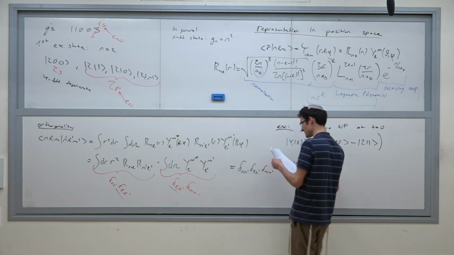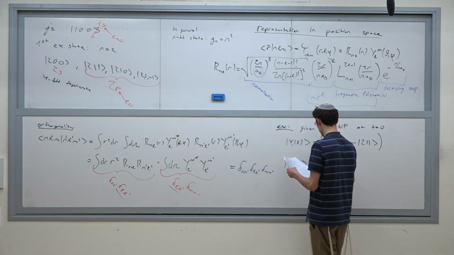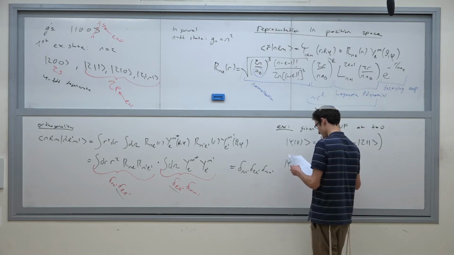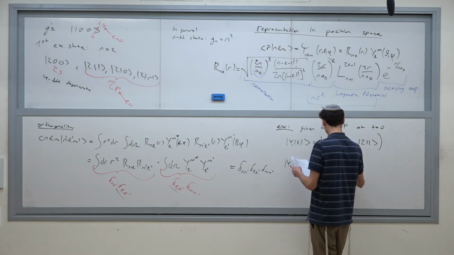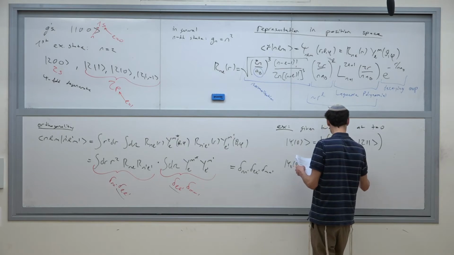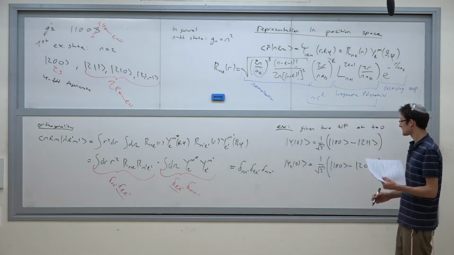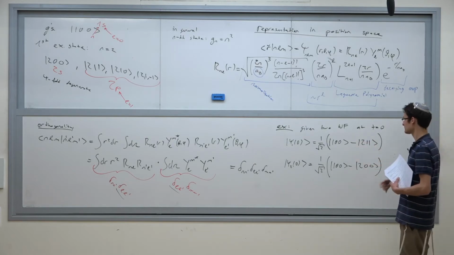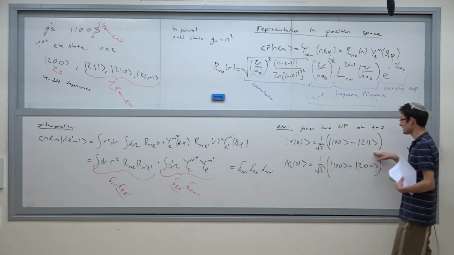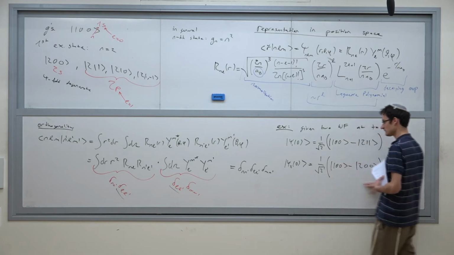And the second wave function we'll consider is 1 over root 2, 1, 0, 0 minus 2, 0, 0. So we're considering two different hydrogen atoms. One of them is prepared in this state. The other is prepared in this state.